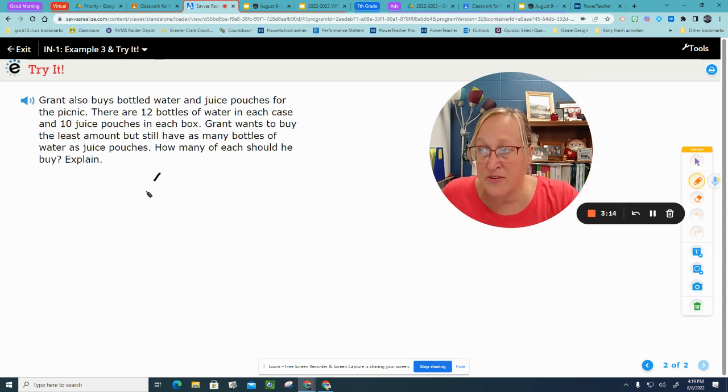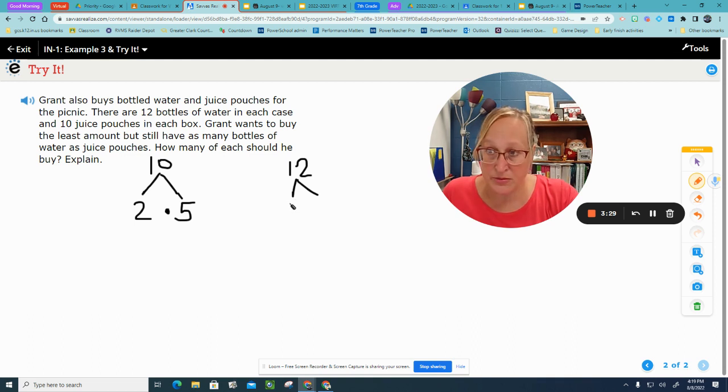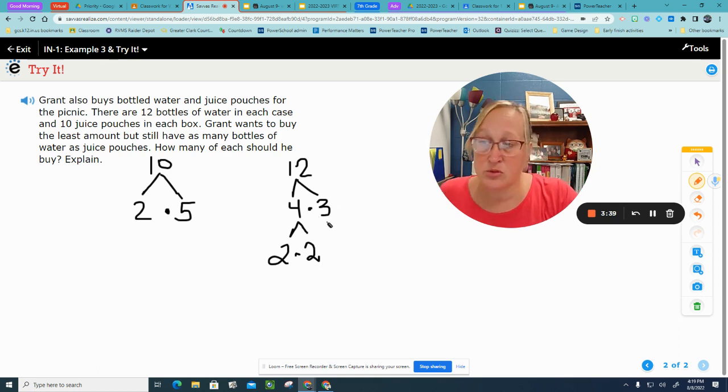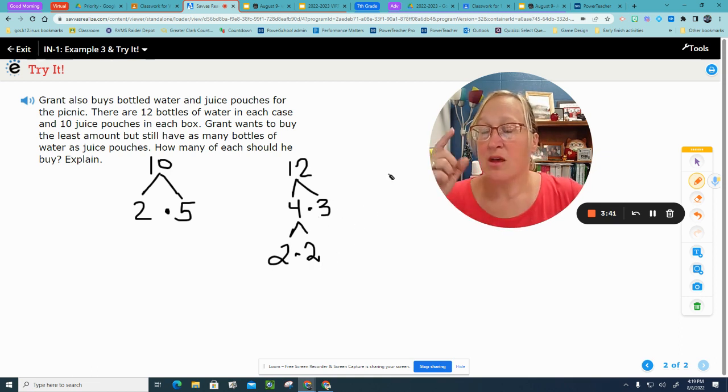So in order to find that, we make our little 10 factor tree and our 12 factor tree. So 10 comes from 2 times 5. 12, my brain goes 4 times 3, but 4 can come down again, so 2 times 2, and the 3. So 2 times 2 times 3 is the same.